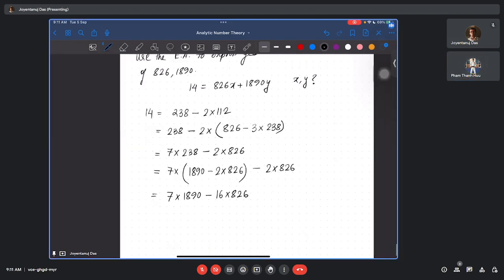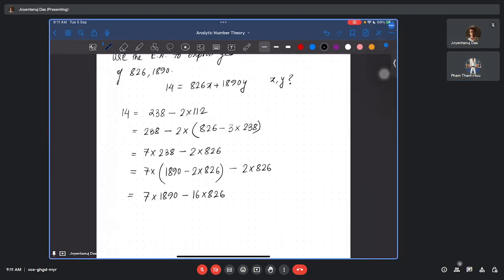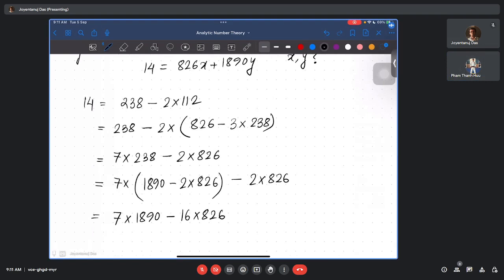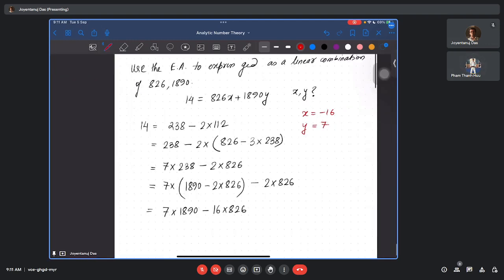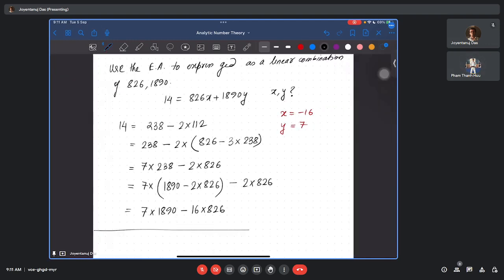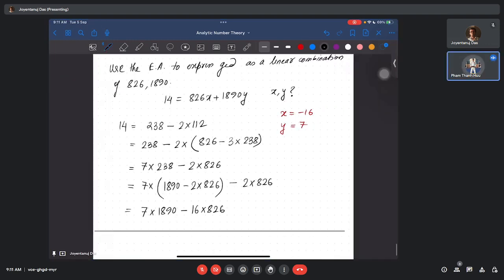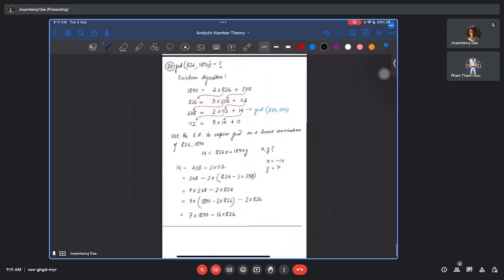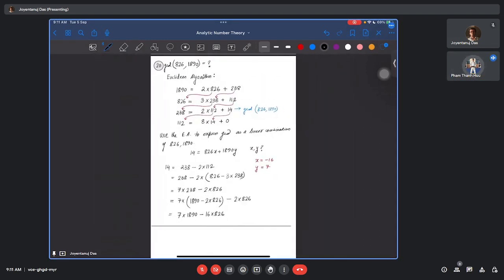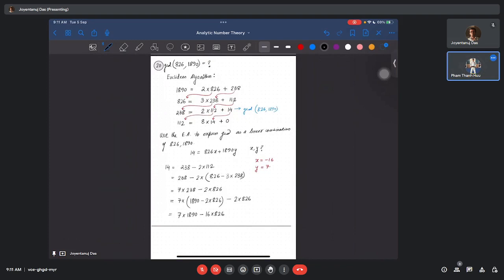So this is my linear combination. So what I get here is x equals minus 16 and y equals 7. So this is clear, right?